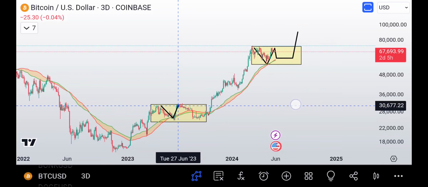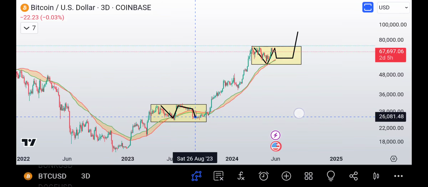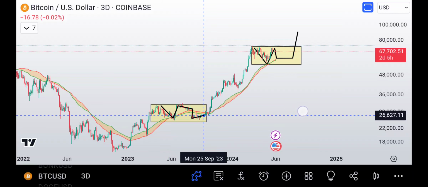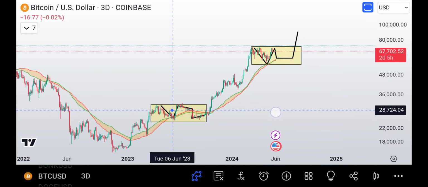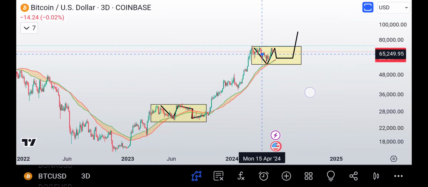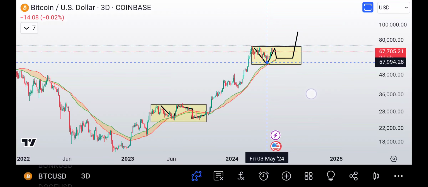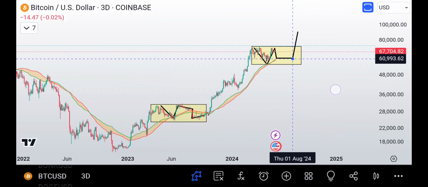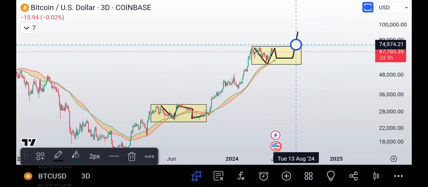We came back up, then came back down, and then went sideways. So: rise, crash, retrace, reaccumulation, sideways. Rise, crash, reaccumulation or retrace. Now we're going down into reaccumulation, sideways. So that's why I like that.